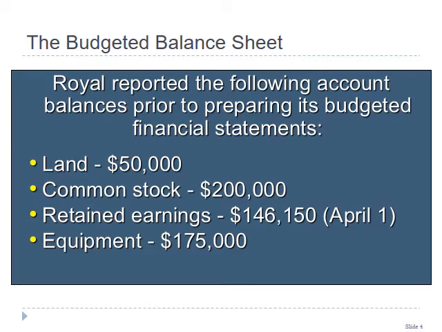So the Royal Company has reported that the land is 50,000, common stock is 200,000, retained earnings till April 1, or before April 1, or 31st of March, is one and the same thing, is 146,150, and equipment cost 175,000. So let's make that one.